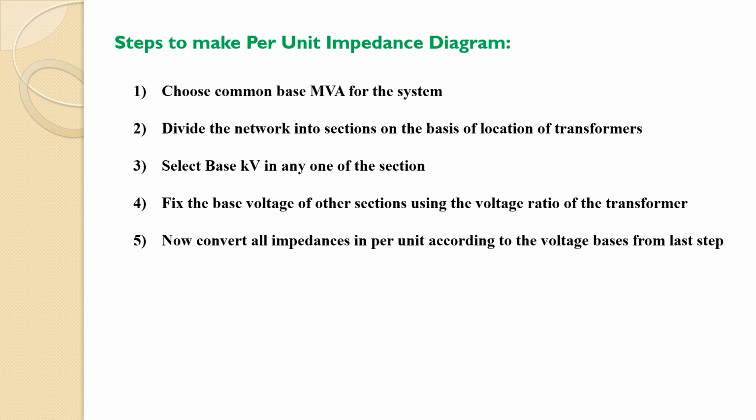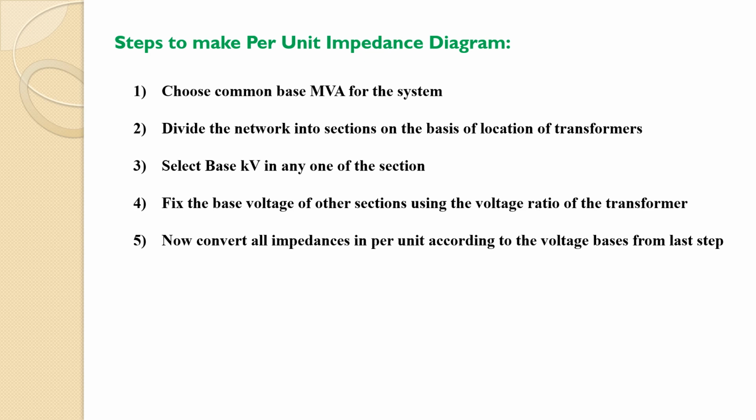The per unit system gives us a clear idea of the relative magnitudes of various quantities, that is voltage, current, power and impedance. The per unit values of all these quantities, impedance, voltage and current of a transformer, are the same regardless of whether they are referred to the primary or the secondary side.